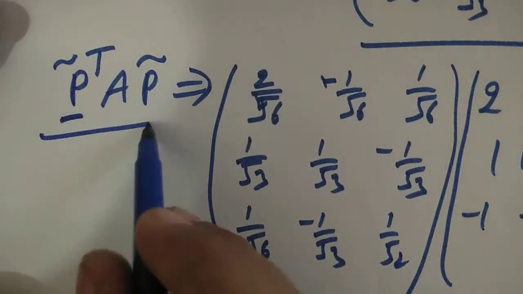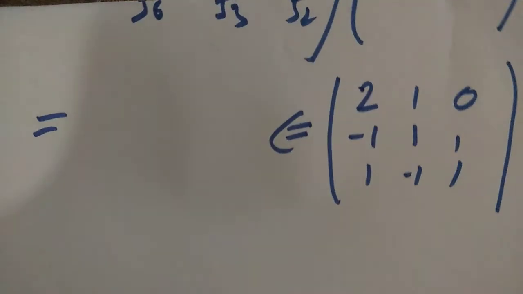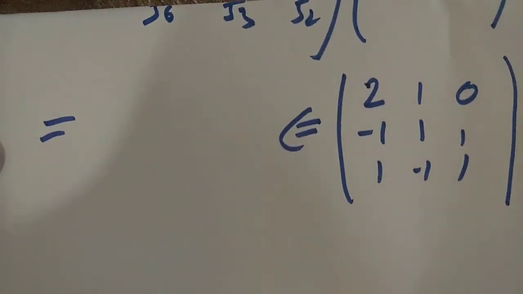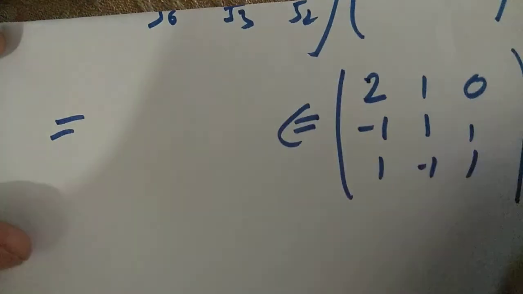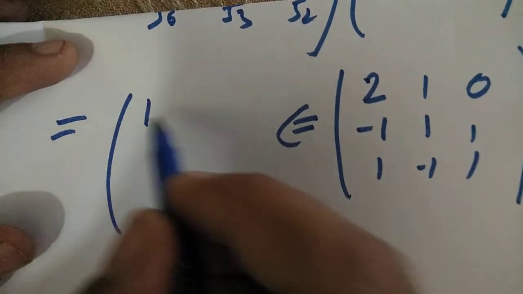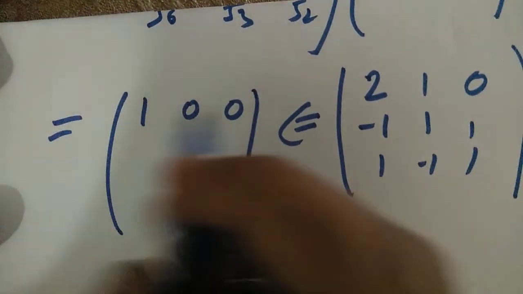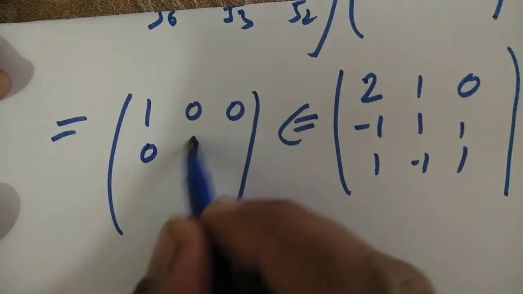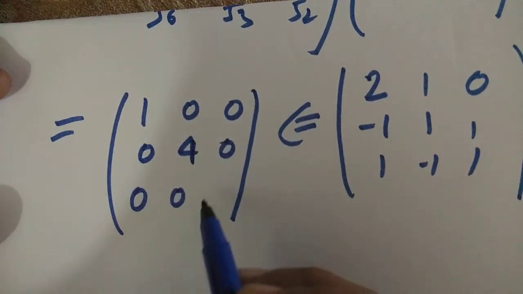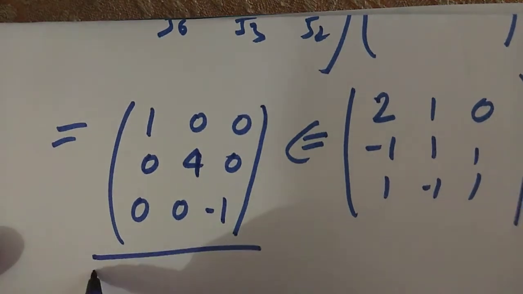If you multiply all three matrices, this turns into the diagonal matrix. So P bar transpose A P bar will be the D matrix: 1, 0, 0, 0, 4, 0, 0, 0, minus 1. So this is your diagonal matrix.